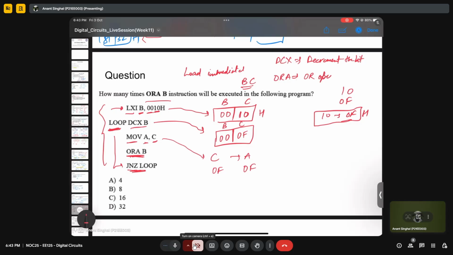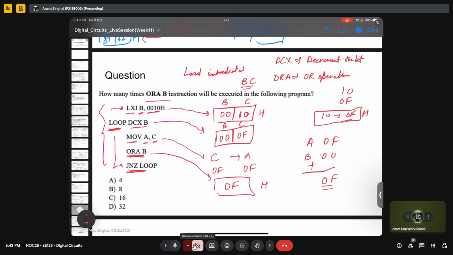So we'll do the ORA of B. We have the accumulator with content 0F, and B has 00. So we'll do the OR, and this will be 0F again. So this line for the first time will give you 0FH only, because the OR operation gives the same value.